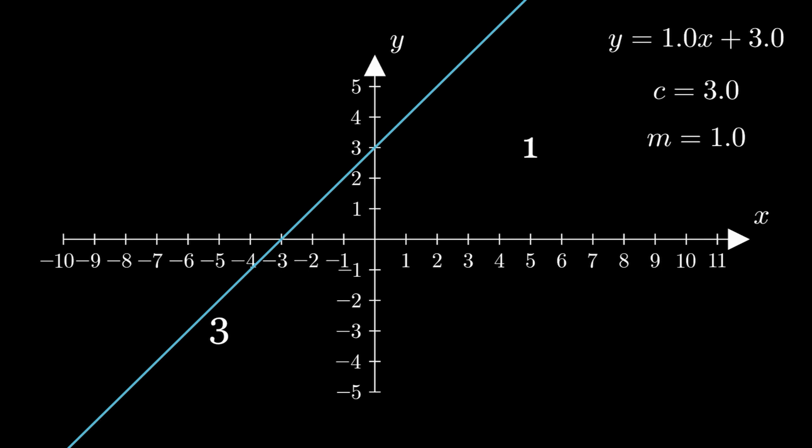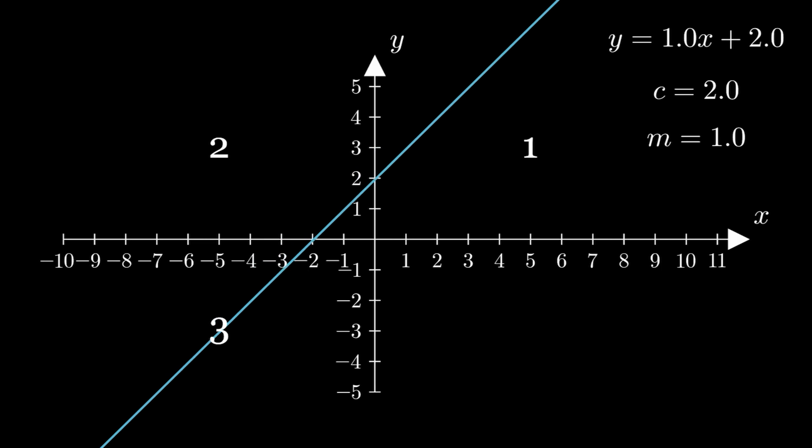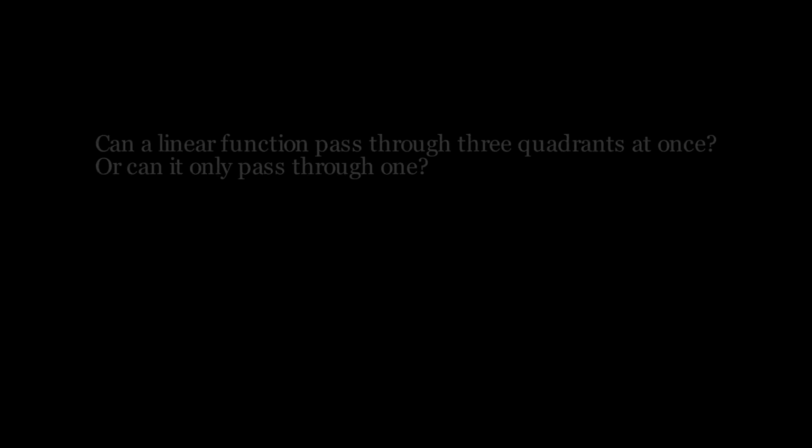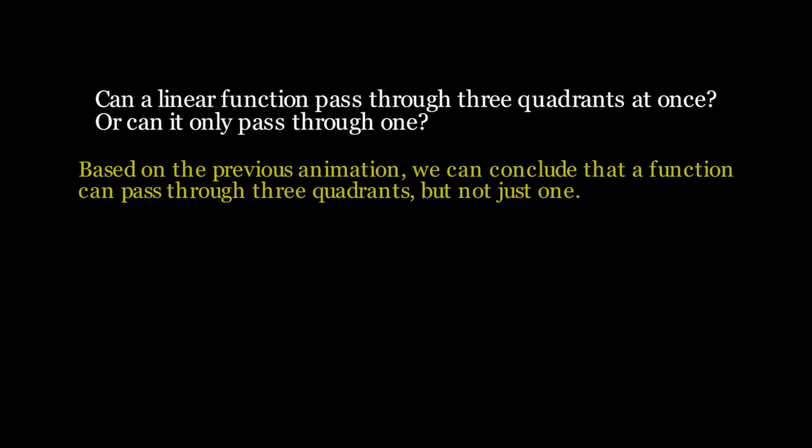Similarly, when c is increased to +3, the line spans the first, second, and third quadrants. From this, we conclude that a linear function can occupy 3 quadrants simultaneously, but never just one, regardless of the values of m and c.